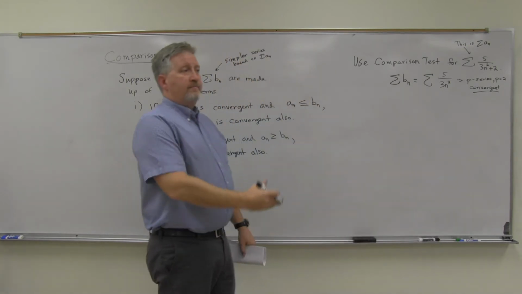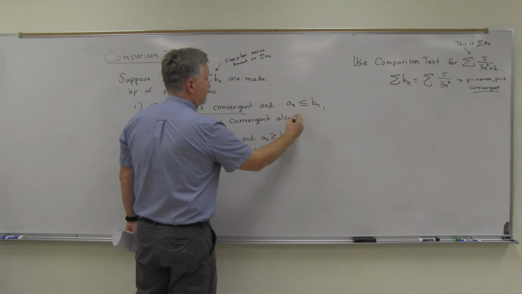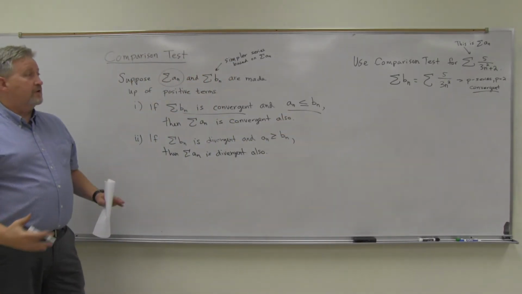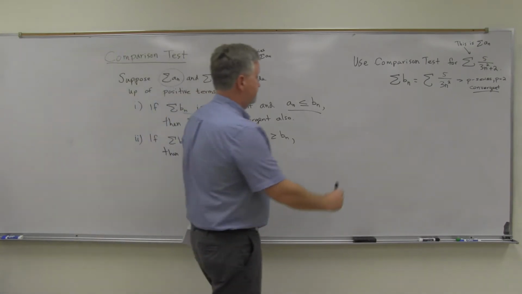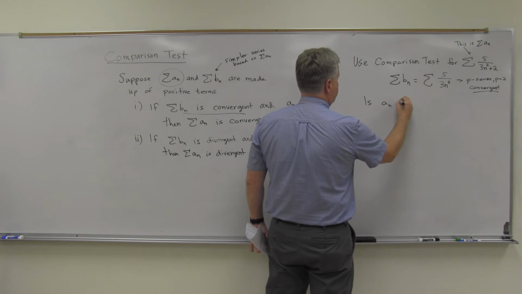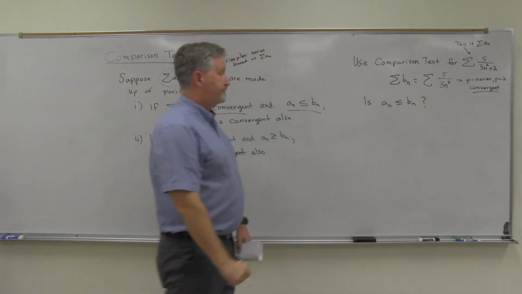Okay, so back on the comparison test then. For the comparison test to work, you've got B sub n convergent, and you also need to know: is A sub n less than or equal to, term by term, B sub n?